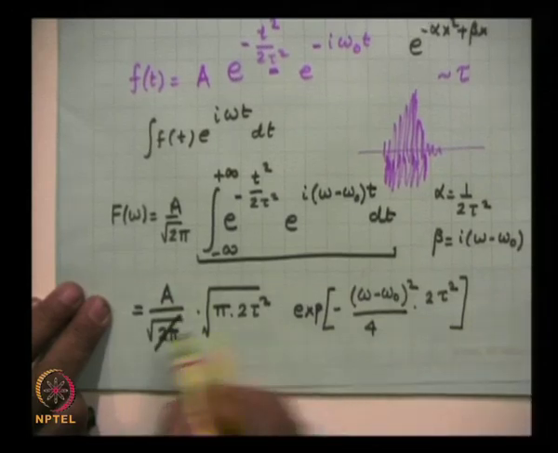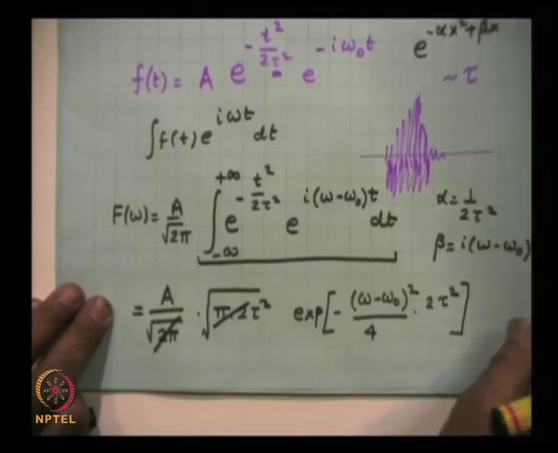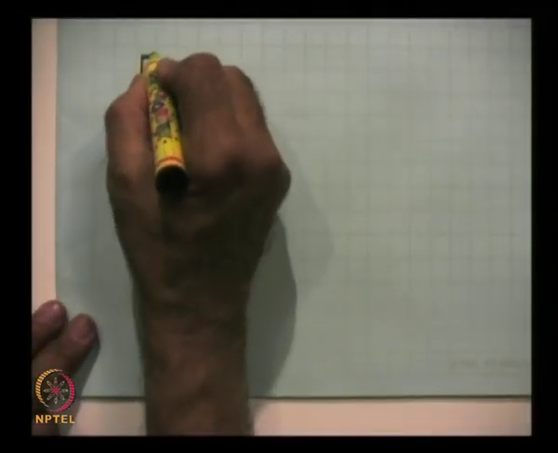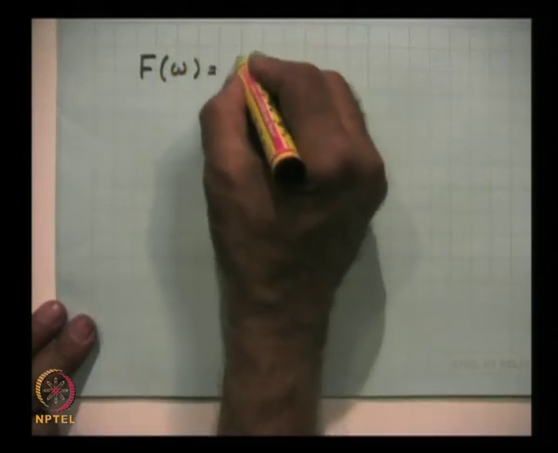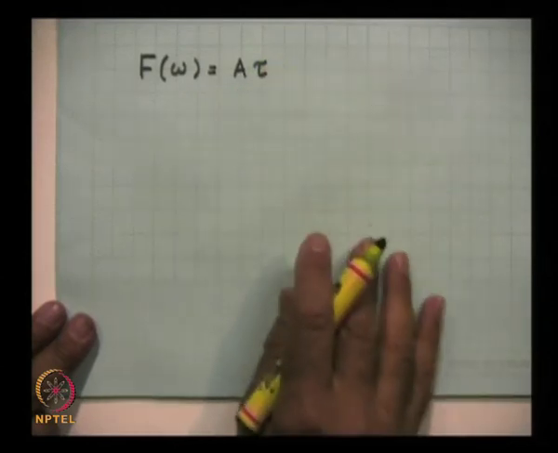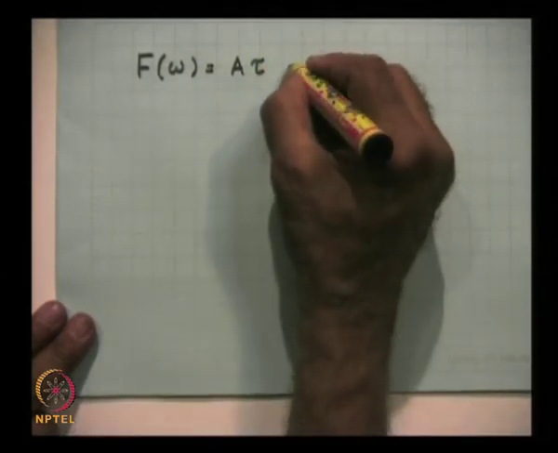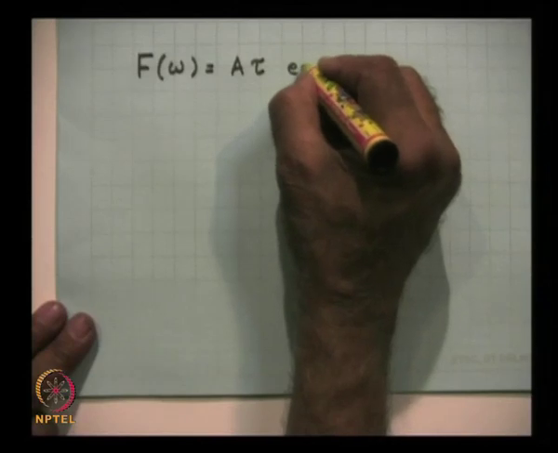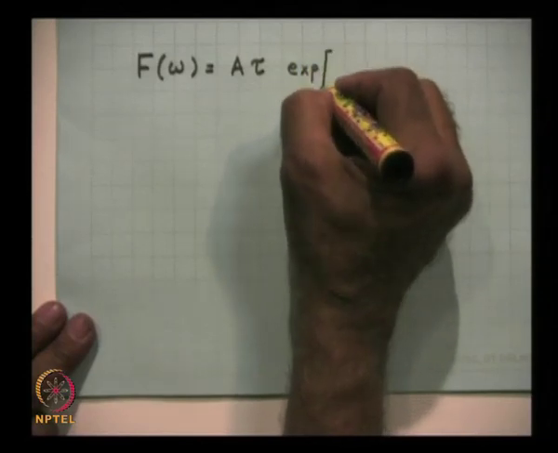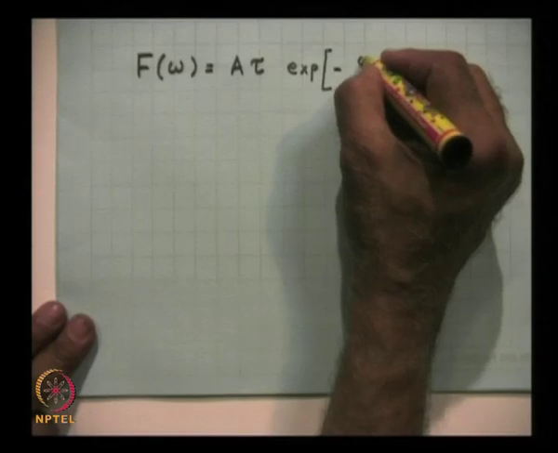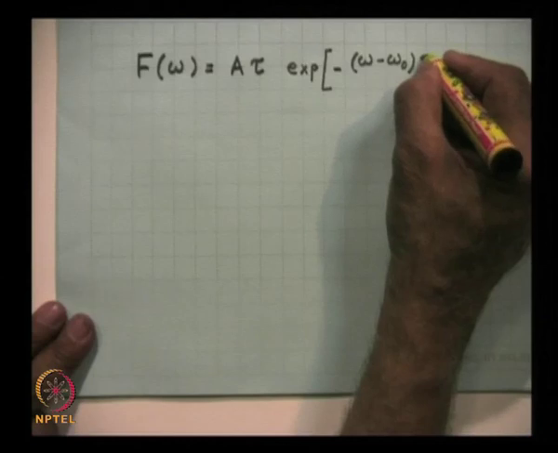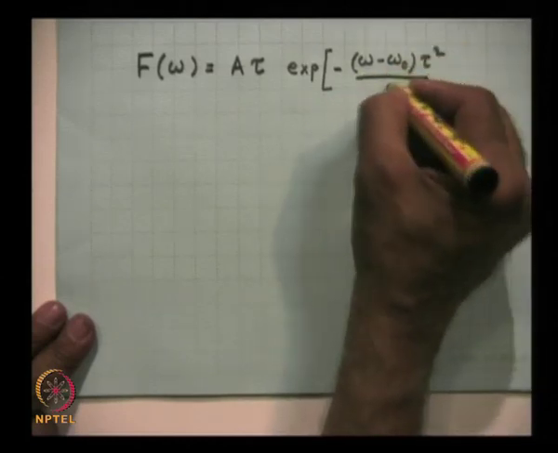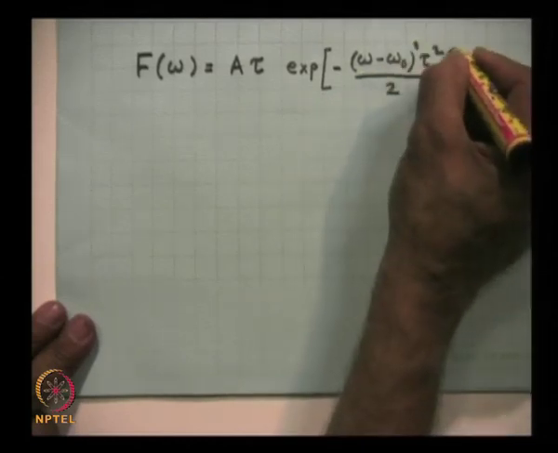So, 2 pi cancel out. So, I will get the frequency spectrum f of omega to be a times tau, which is an unimportant constant factor, times, once again, the Fourier transform of the Gaussian function is a Gaussian function, e to the minus (omega minus omega 0) whole square tau square by 2. There is a square here.